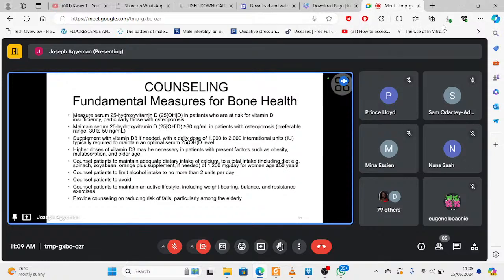Of course, you should counsel the patient to avoid all the lifestyle that will predispose the patient to osteoporosis. You have alcohol here. Avoid nicotine, avoid smoking. Nicotine has been demonstrated to have bad effects against osteoporosis, and therefore, as part of the counseling, the patient should stop smoking, but limit alcohol to not more than 2 units per day.